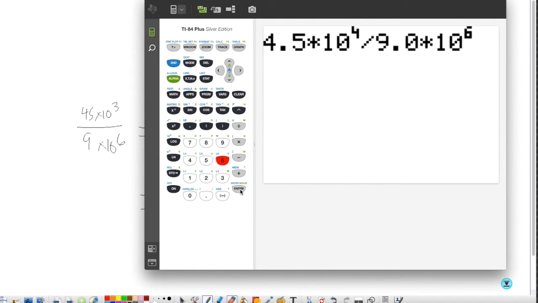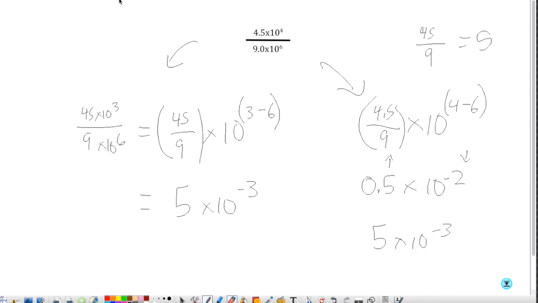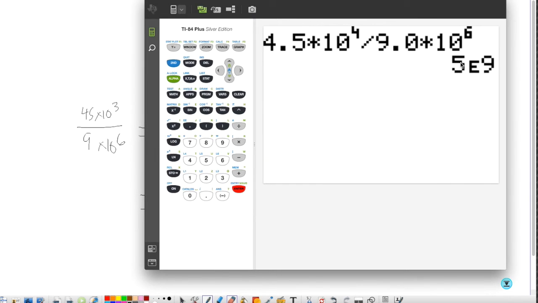Now when I do this, I get 5e9. Now what we got when we did our math was 5 times 10 to the minus 3. But when I plugged this into my calculator, I got 5 times 10 to the ninth.